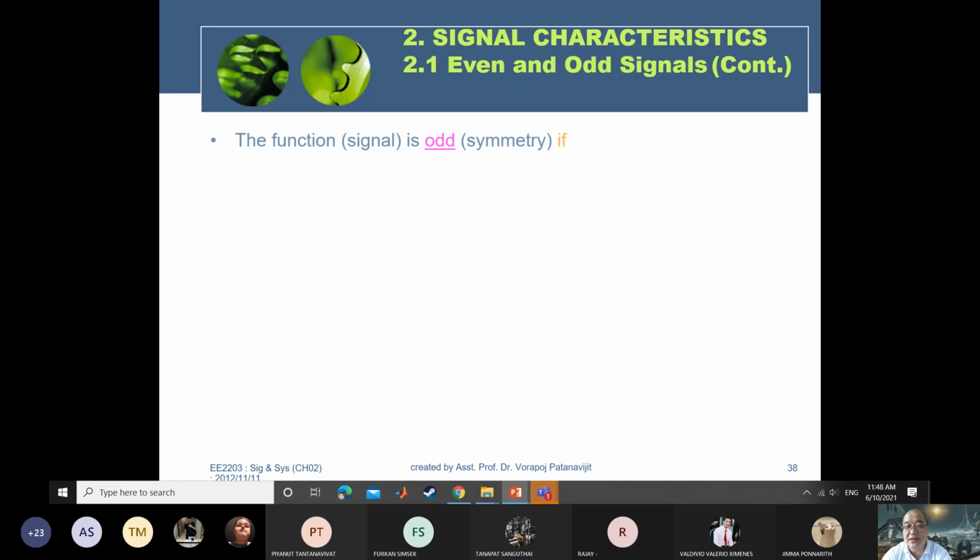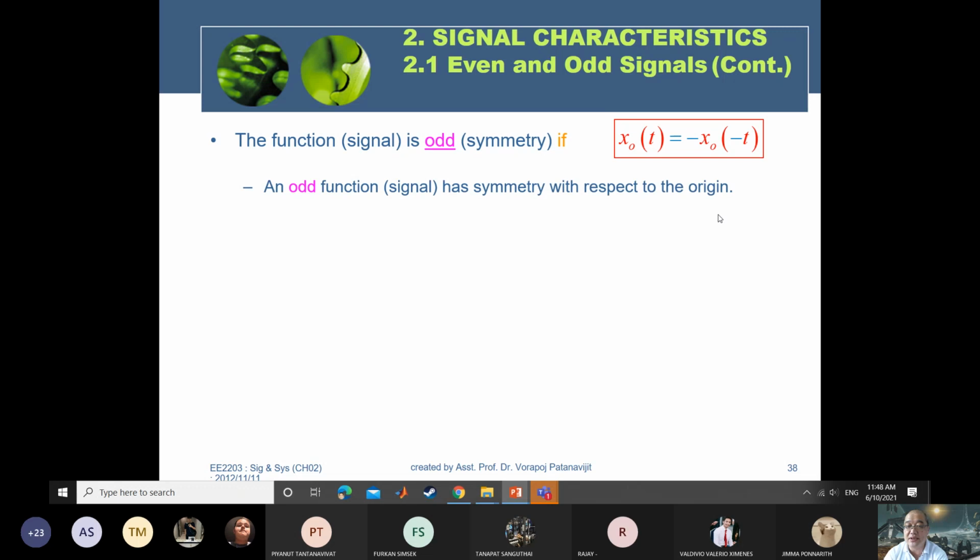Next one, the odd function. A function is odd symmetric if x(t) equals -x(-t). It means the signal equals its amplitude and time reversal.